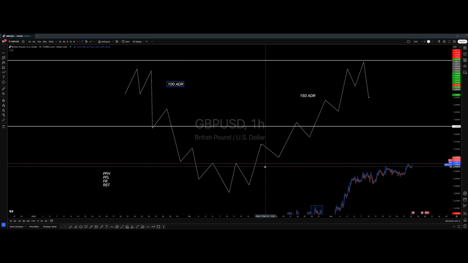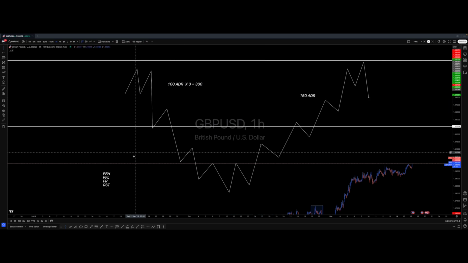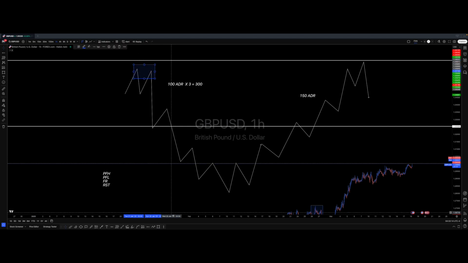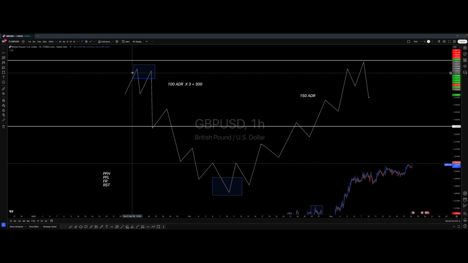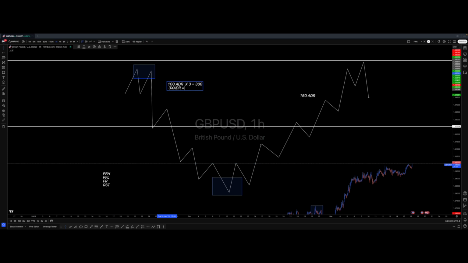So typically what you're looking for in an ideal perfect world is essentially from here to down here: you're looking for 300 pips. In a perfect world, 3 times ADR is what gives you a cycle.